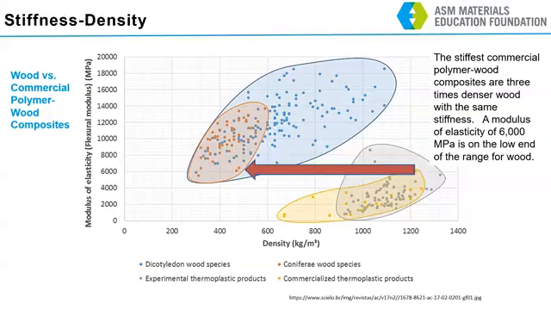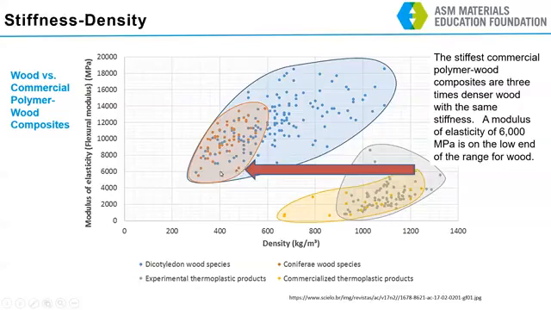So this graph looks at the modulus of elasticity, that's our big capital E, our stiffness, versus density. Okay. So to get the same amount of stiffness in my bench slats, the worst of the woods down here, these are our softwoods, our coniferae, would come in at about 6,000 or so megapascals in stiffness.